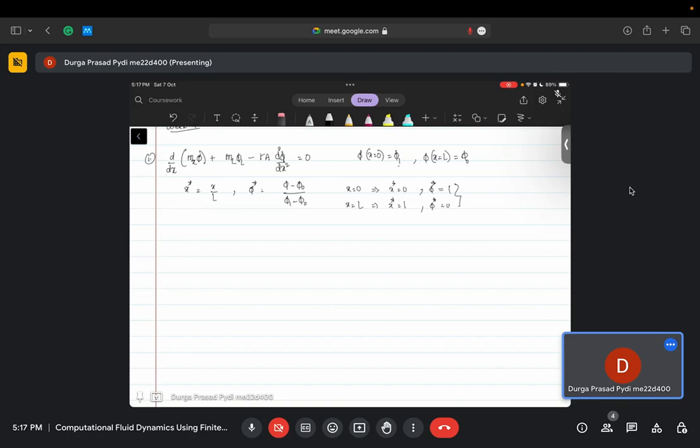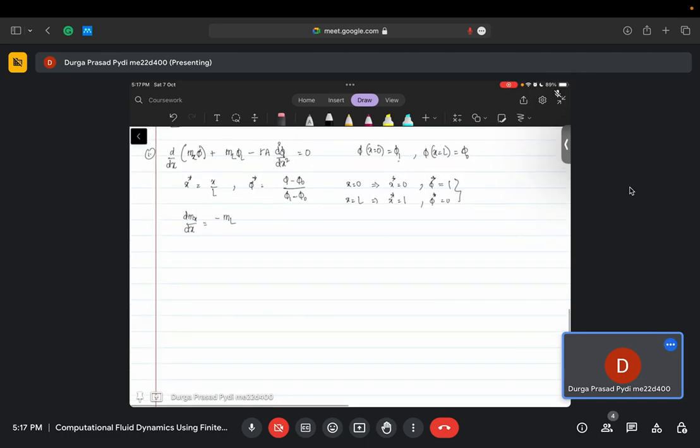mx is also given to us, so essentially dmx by dx is given as minus ml. We will use that as well later. So now we have d by dx star, 1 by L times mx.